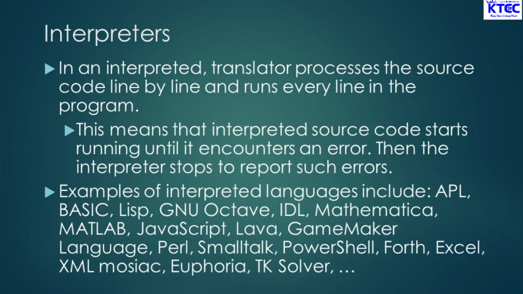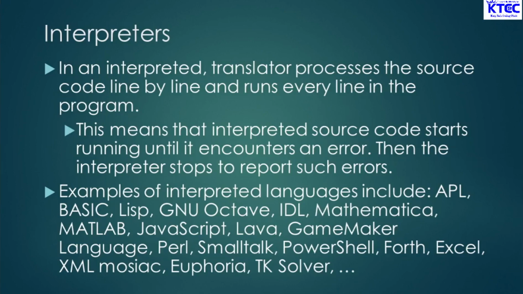So in an interpreter, the translator processes the source code line by line. Unlike the compiler, which takes the entire source code, translates it completely, and hands it over to the machine before the machine begins running, the interpreter checks every line when you begin running your code.